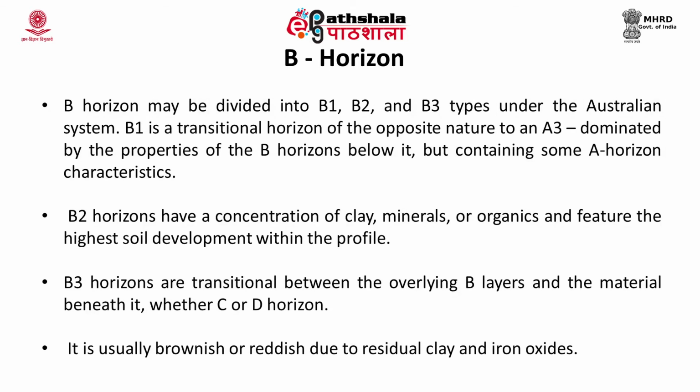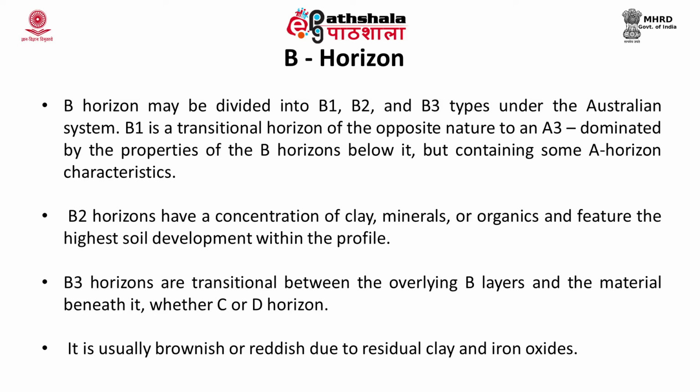As with the A horizons, the B horizons may be divided into B1, B2 and B3 types, and this is under the Australian system. B1 is a transitional zone of opposite nature to an A3, dominated by the properties of the B horizons below it, but containing some A horizon characteristics.